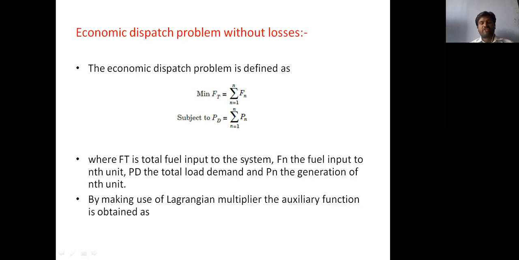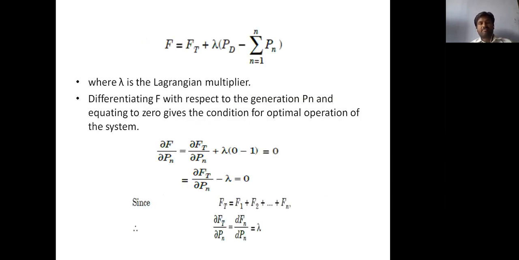So by using the Lagrangian multiplier, the auxiliary function is obtained.